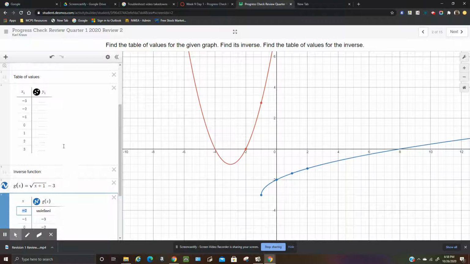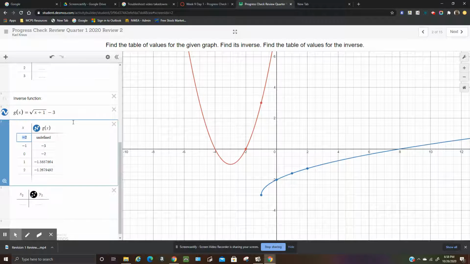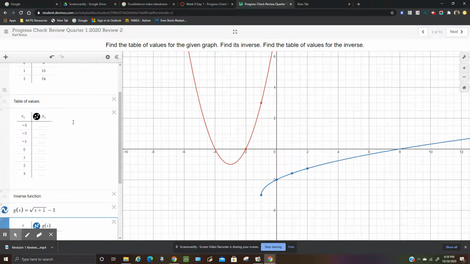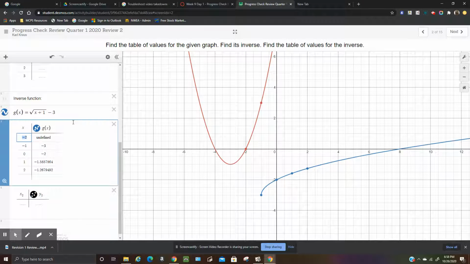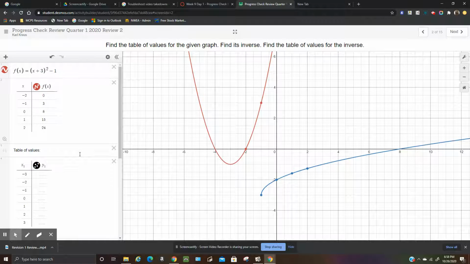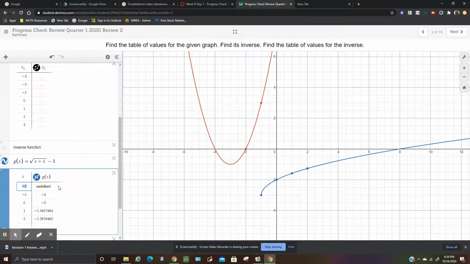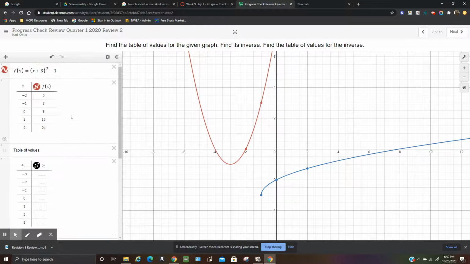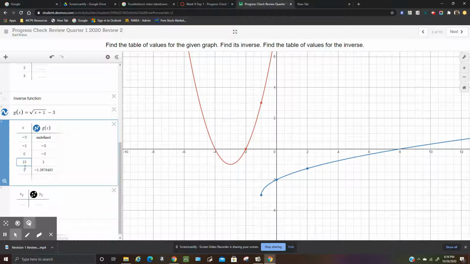So -1, -3. All right, 0, -2. And 15, 1 should be. And 24, 2.